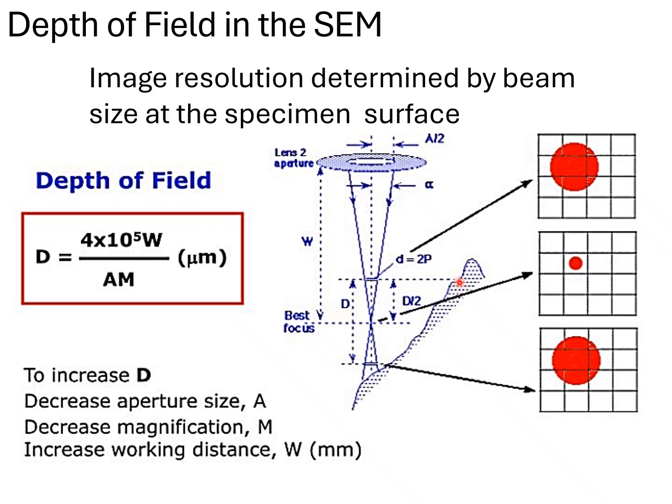And there's a range over which you say, well, we can tolerate this amount of resolution difference. And this is what's defined as a depth of field. It depends on the working distance and the aperture size and the magnification, of course.